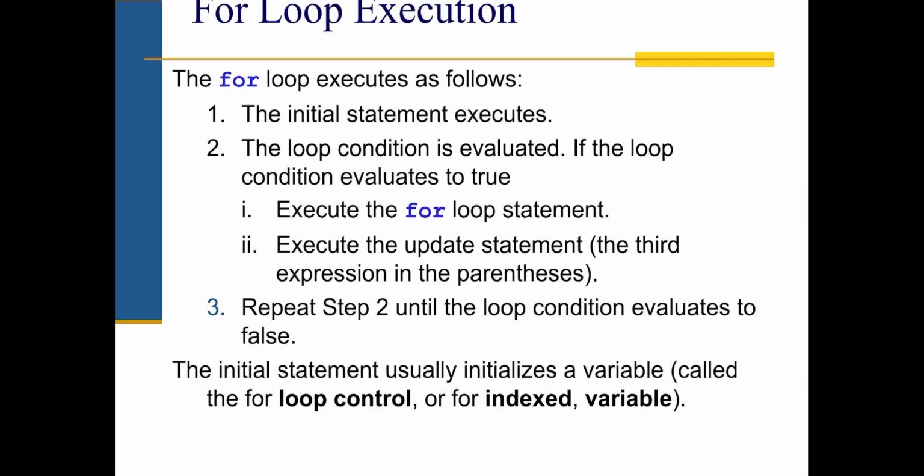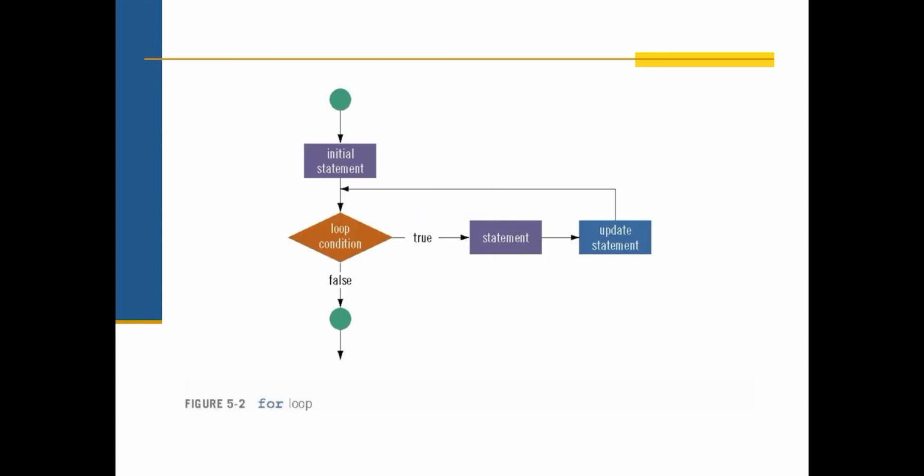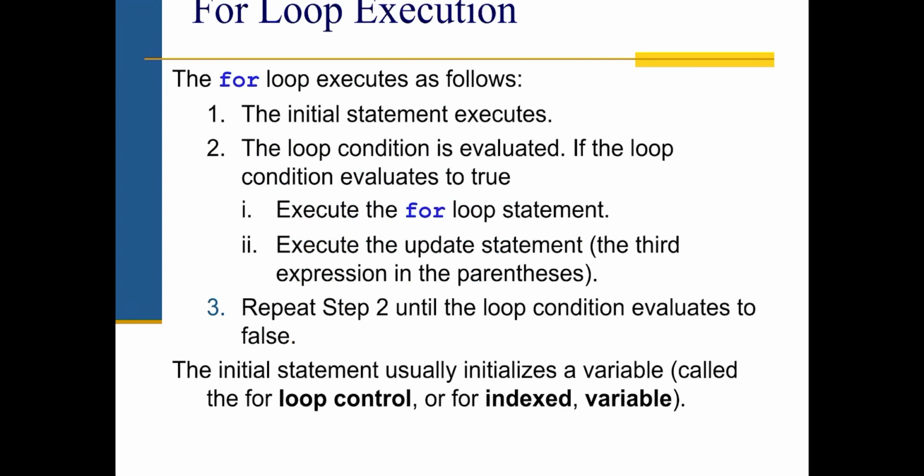When the condition is true, it should execute the for loop statement. Execute the update statement, which is the third expression in the parenthesis. It should repeat the loop condition until the condition is false. That's for a for loop.